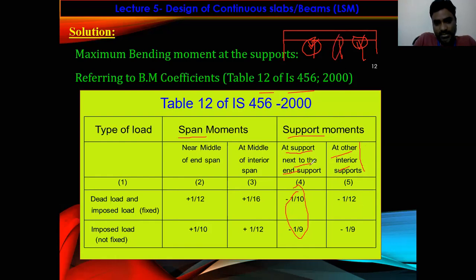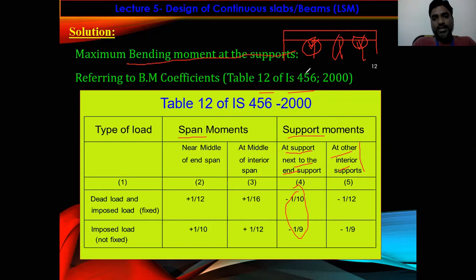Why are we discussing only support moments? Because he is asking only for support moments. He is asking for the maximum bending moment at support, right? So support moments are two, and from these you need to determine the maximum bending moment.